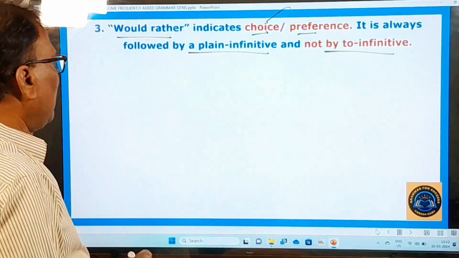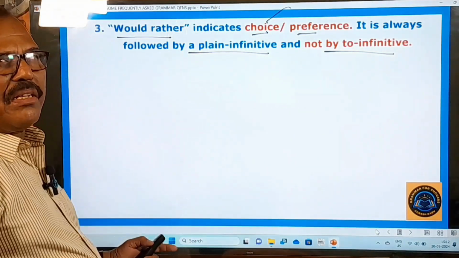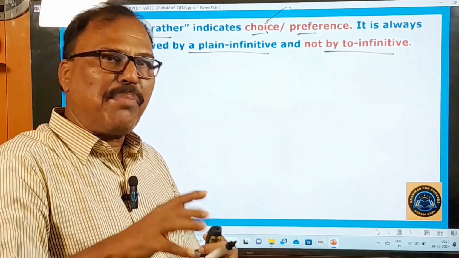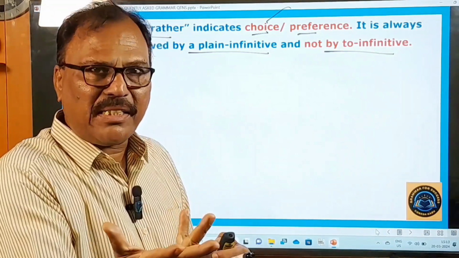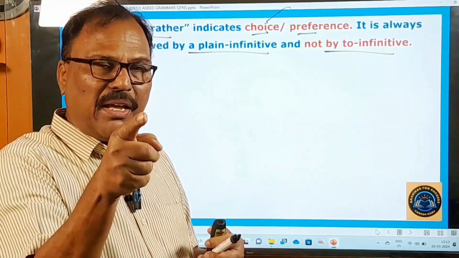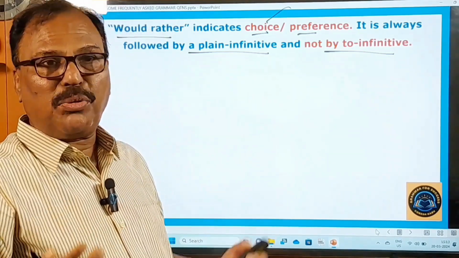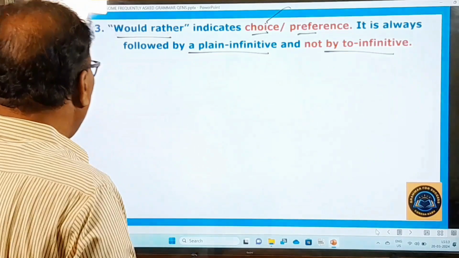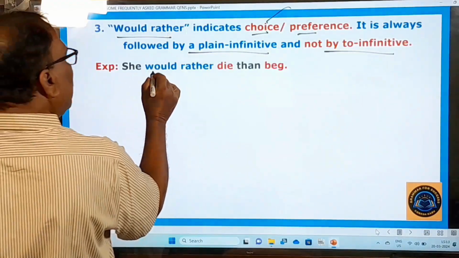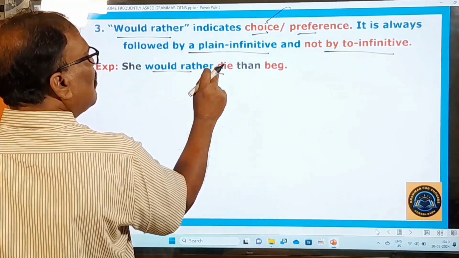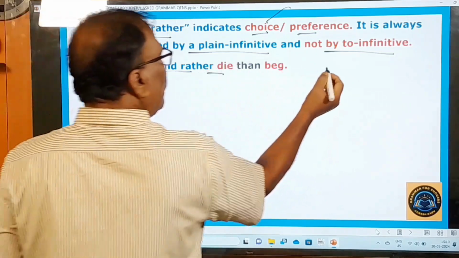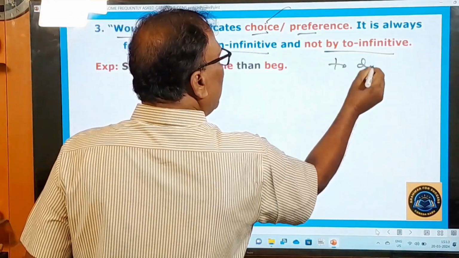That's very important. In the examination, the examiners will compose a question in such a way that you get confused. If you can learn the thing correctly, automatically you can do the things correctly. She would rather die. See, plain infinitive is there. Already I have told you, to die is a to infinitive.